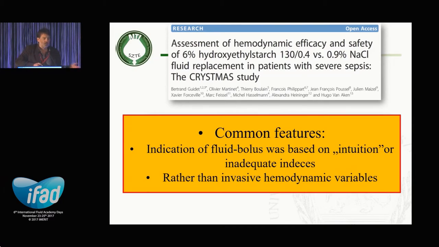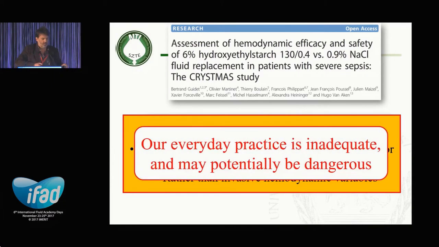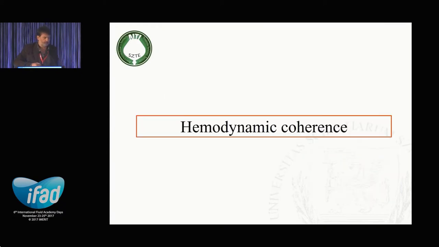So there's one conclusion: our everyday practice at the bedside is inadequate and may potentially be dangerous, because if you give synthetic colloid to a patient who is not hypovolemic, you do harm, full stop.